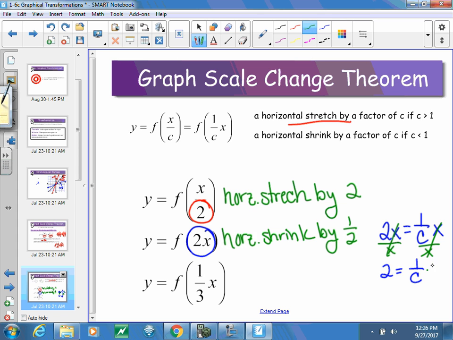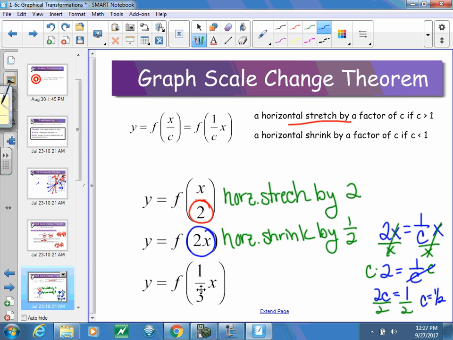I could multiply both sides by c to get that out of the denominator. And then I end up with 2c equals 1, which I then divide by 2. And here I would see that c is equal to 1/2. So our inside change here looks like we are stretching it, but actually we're shrinking it.